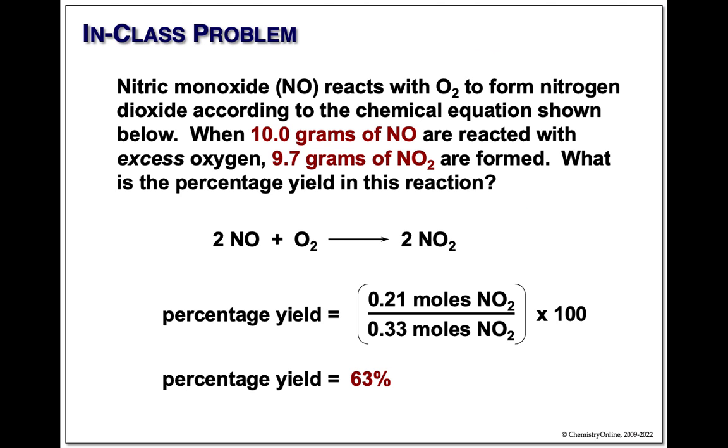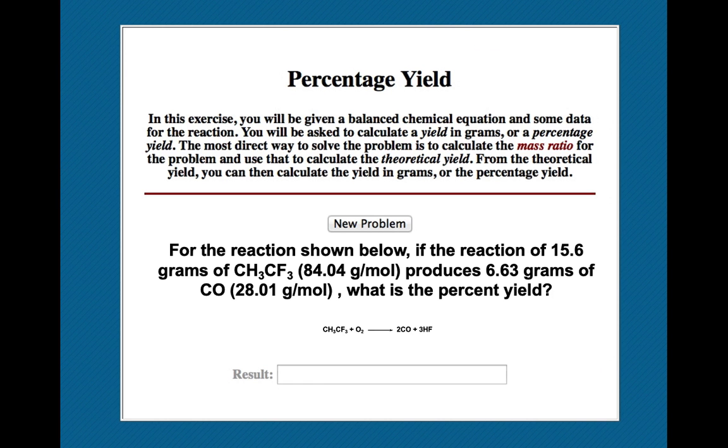The second one that didn't make it is this one. These seem like really simple problems, but the tutorial is not. For the reaction shown below, reaction of 15 grams of trifluoroethane, here's its mass, produces so many grams of CO. What's the percent yield?